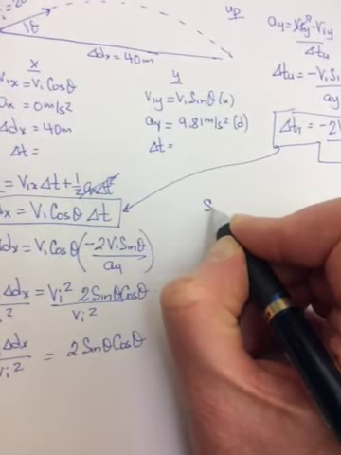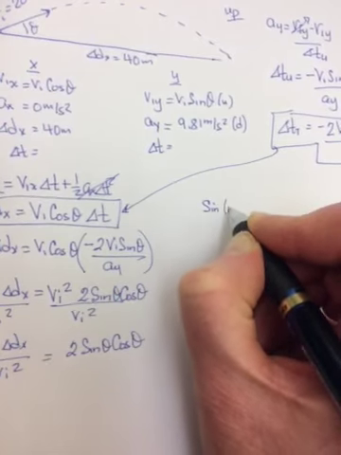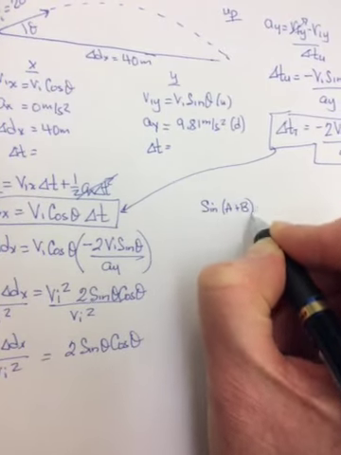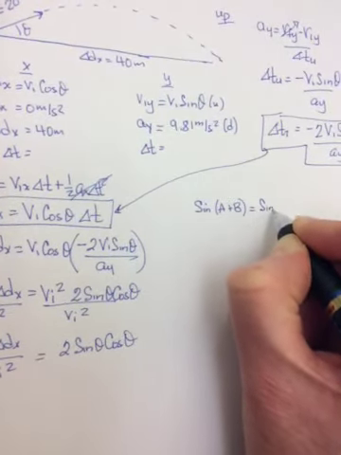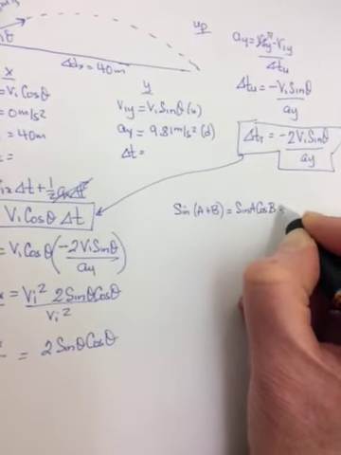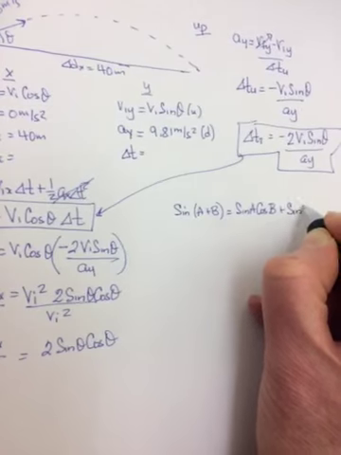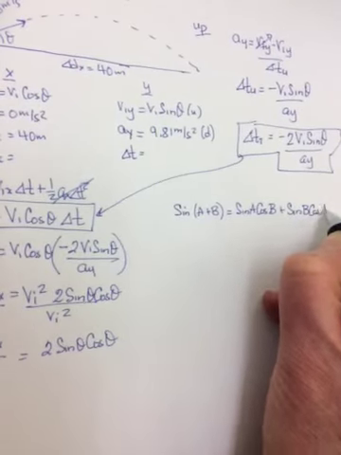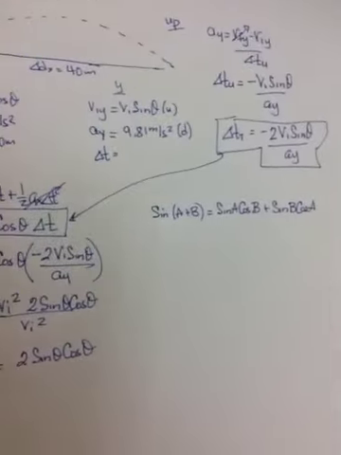And the double angle identity is something like sine(A plus B) is equal to sine A cos B plus sine B cos A. It's called the double angle identity.